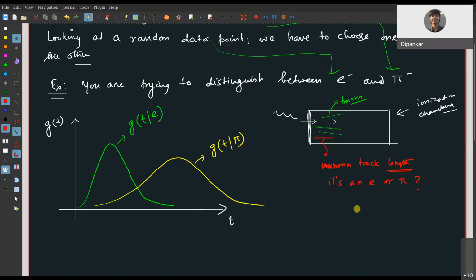So the way to do it is to choose a cutoff value of t. Suppose this I call t equals t cut. So you choose a cut.